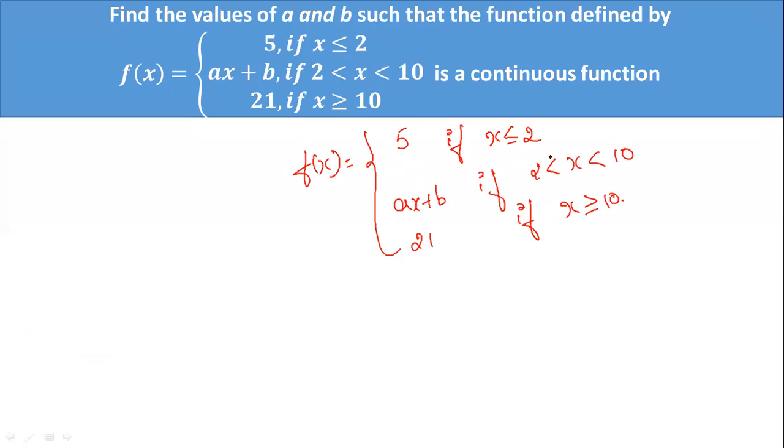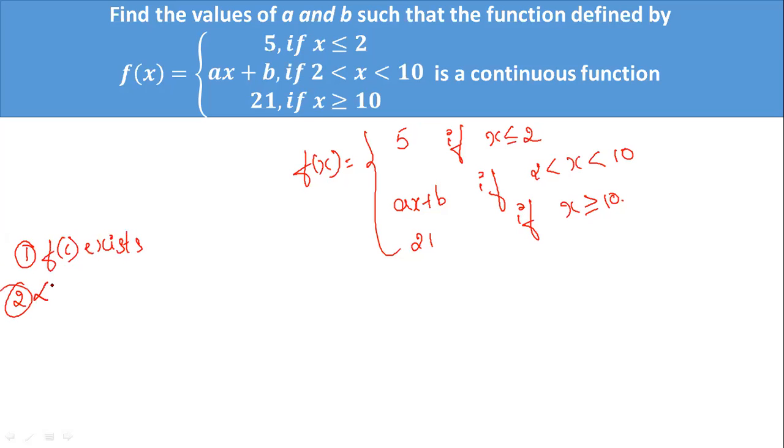What do you mean by it is a continuous function? It is continuous in the entire domain. So whatever value you take for x, at that particular point, the function is continuous. When you talk about continuity, you have to verify three conditions basically. The first one is whether f of c exists or not.